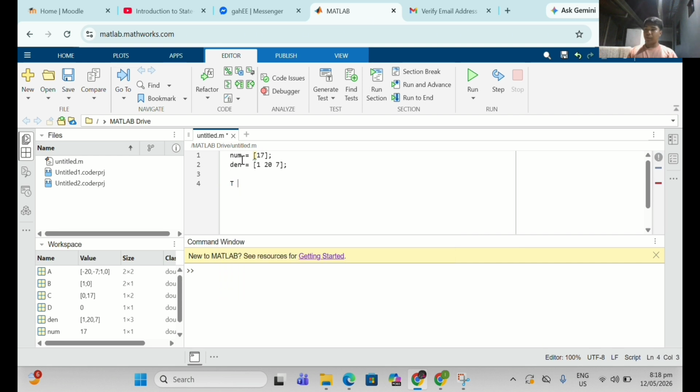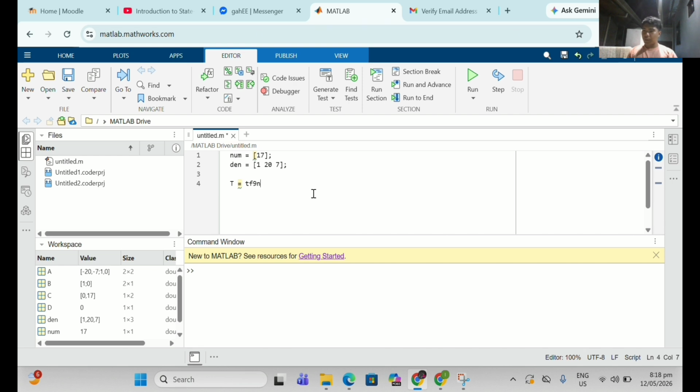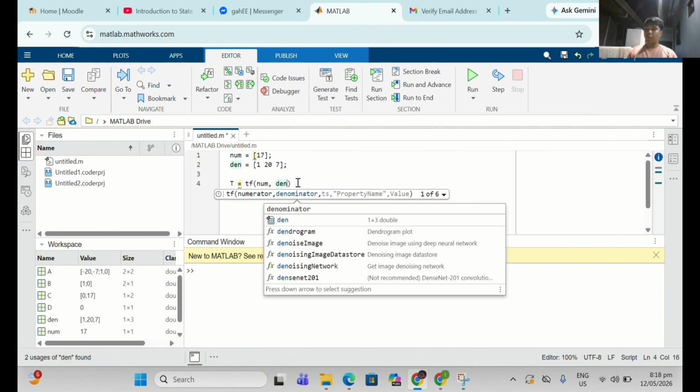So t is equal to tf, which means transfer function. Then parenthesis num for numerator, then den for denominator.